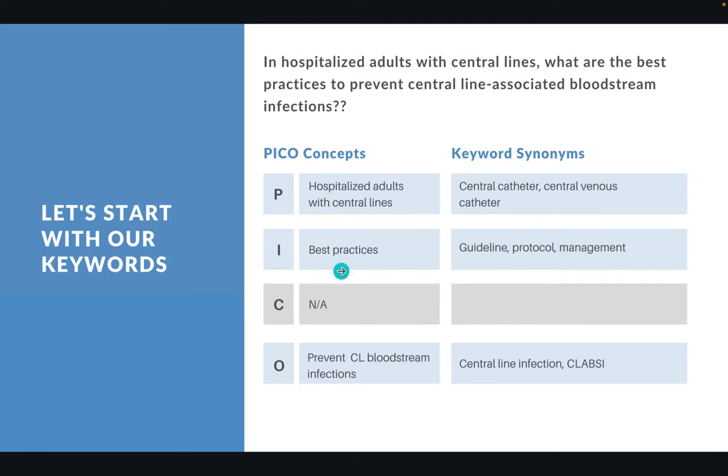For our best practices, this is a little bit harder. Some keywords that might get us to best practices might be guideline, protocol, management, and you might even come up with other kinds of keywords that might get us to the same information, but we're really trying to just use these keywords to get ourselves to our MeSH terms. So we're going to try these ones.